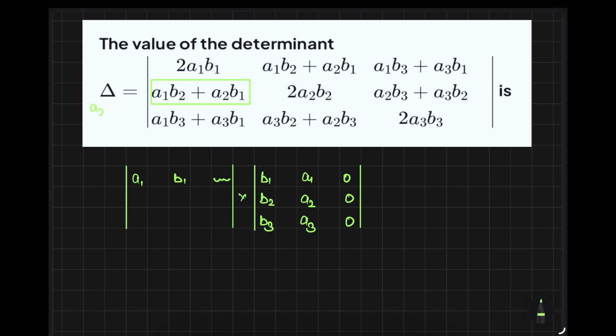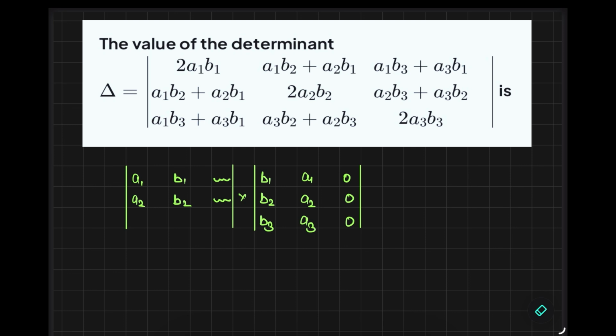This is a21, means second with the first one, and let's check. So we have b1 and b1 is over here. So with b1 you want whom? You want a2. With a1 you want whom? You want b2. And here we don't know who is this, so something into 0 will become 0.